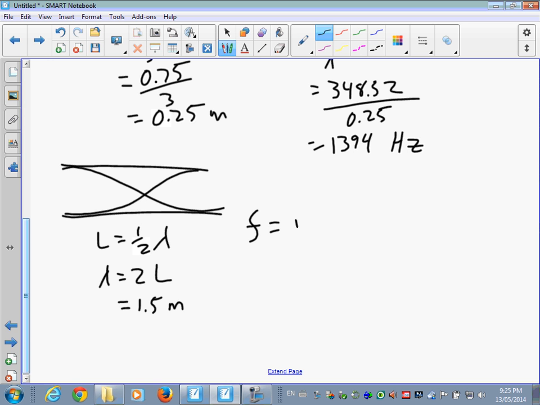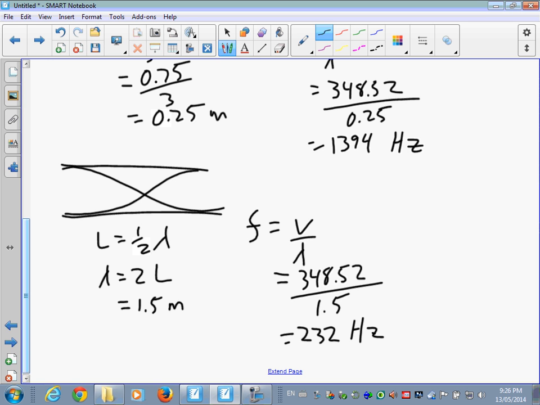The frequency is V over lambda, which is 348.52 divided by 1.5. As we can see, this is going to be quite a bit smaller. 348.52 divided by 1.5 gives you 232 hertz.